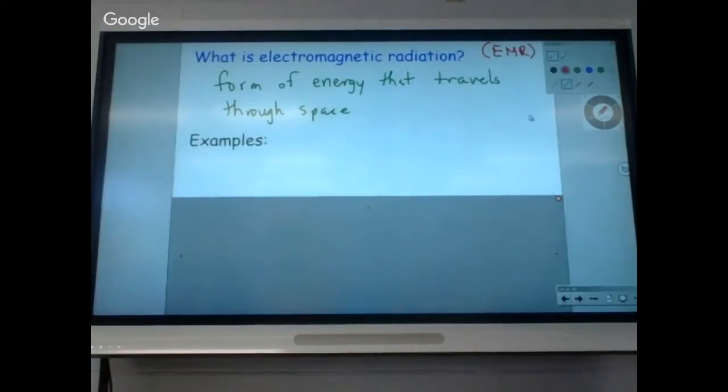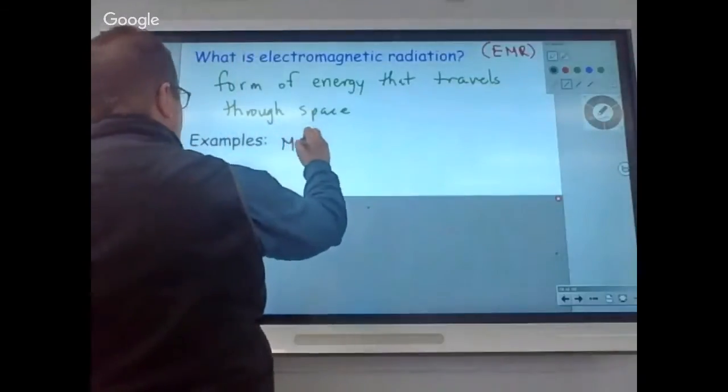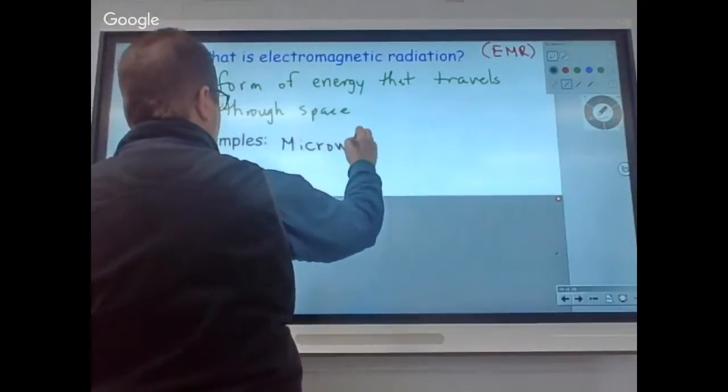Now, if you look at that chart, what are some examples of EMR that are listed on there? Look at the bottom of the backside. Microwave, radio wave. All right, so hold on. I don't take shorthand. All right, microwaves.